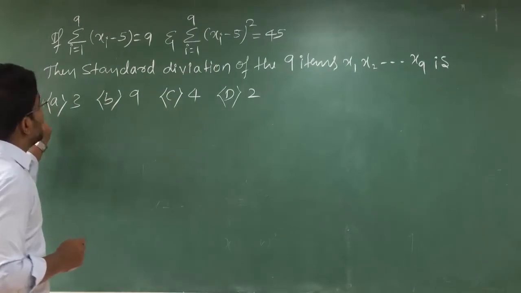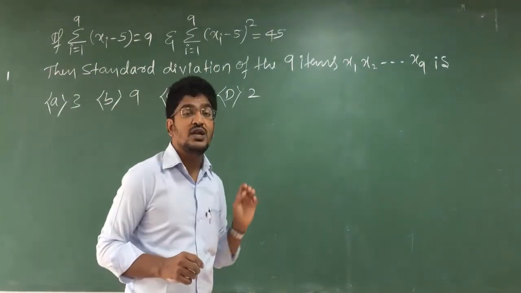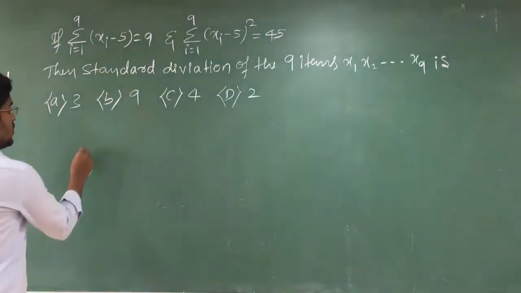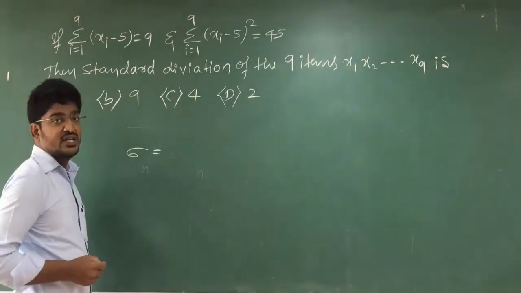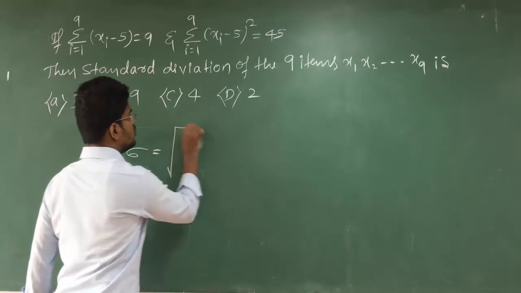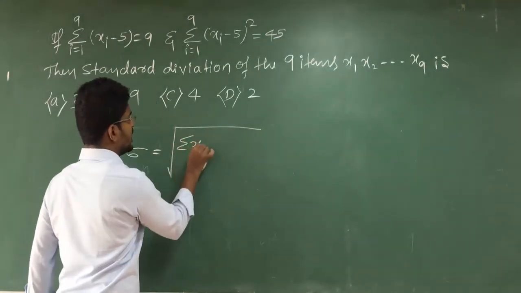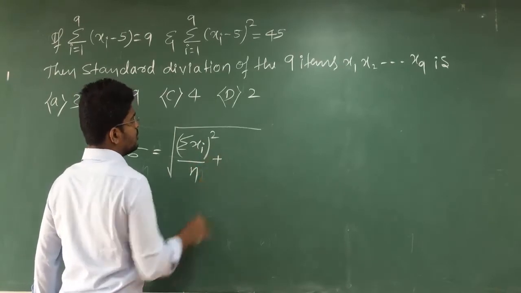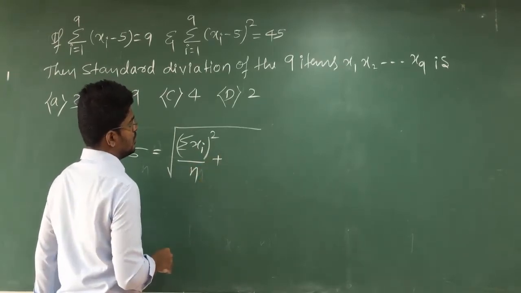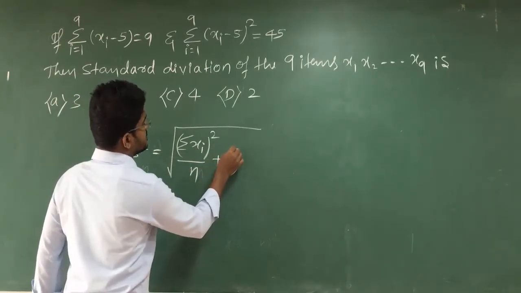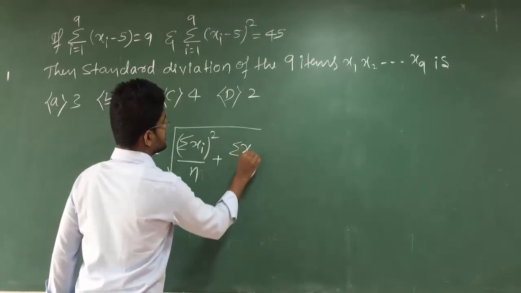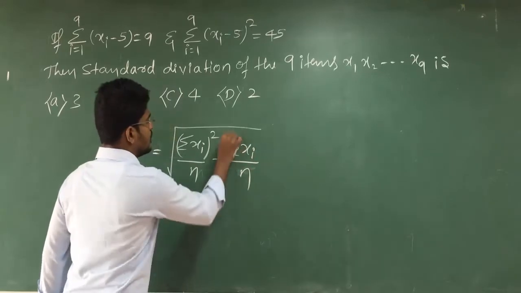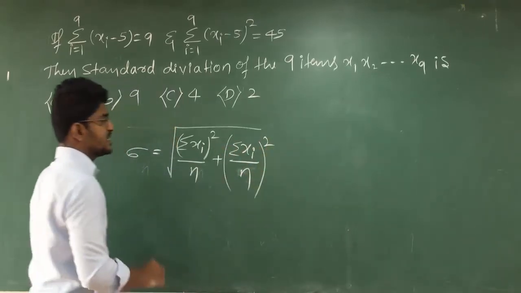Then they are asking the standard deviation of 9 items. So standard deviation is equal to square root of summation of xi square divided by 9, minus summation of xi divided by n, whole square.